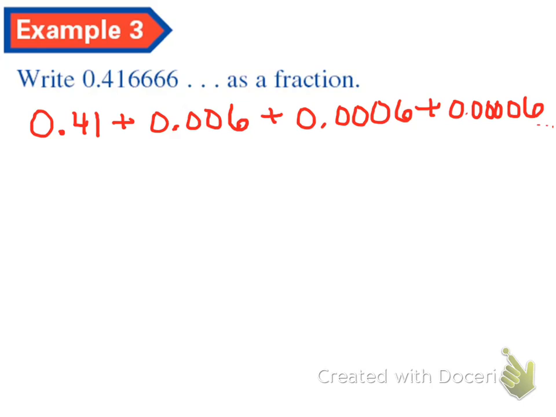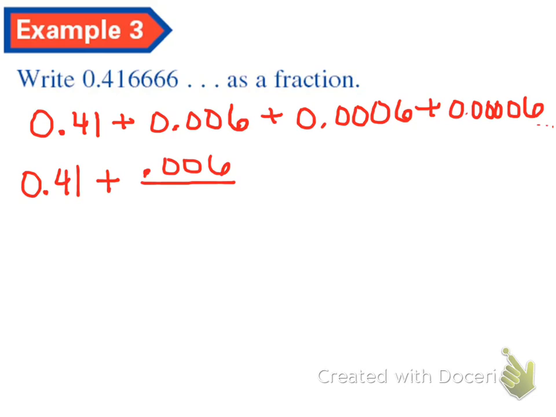Okay, so a little bit different here. This time, what I have is this 0.41 is not part of the infinite series. It's the 0.41 plus the infinite series. Okay, so then the sum of the infinite series here would be my first term of 0.006 over, we'd use our rule here.